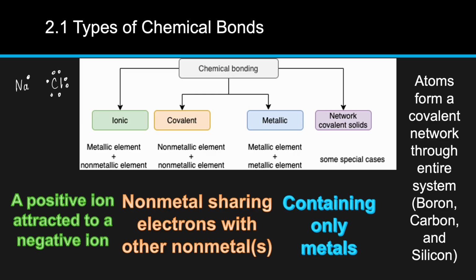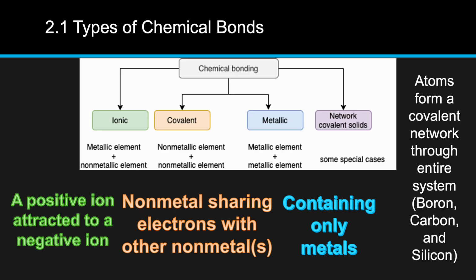So when these two atoms are near each other, in order to gain stability, sodium will donate its one valence electron to chlorine, and now they both have a stable octet. That means that sodium just lost an electron, so it has one extra proton, and chlorine just gained an electron, so it has one extra negative charge. So now that they are oppositely charged, they are attracted to each other by that electrostatic attraction.